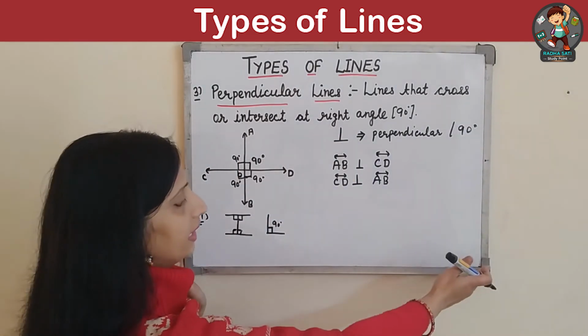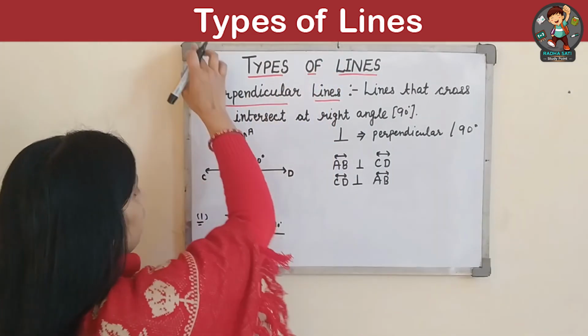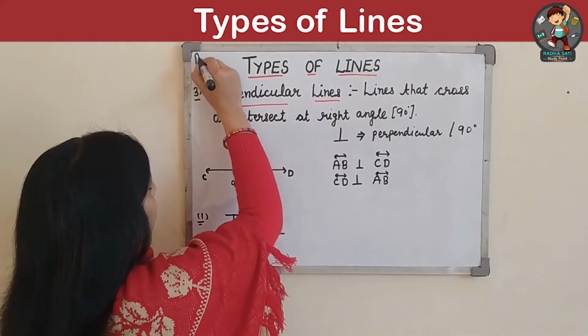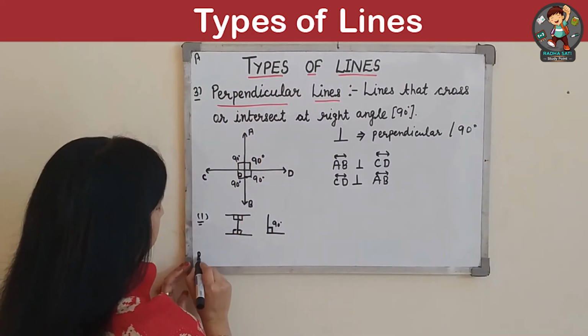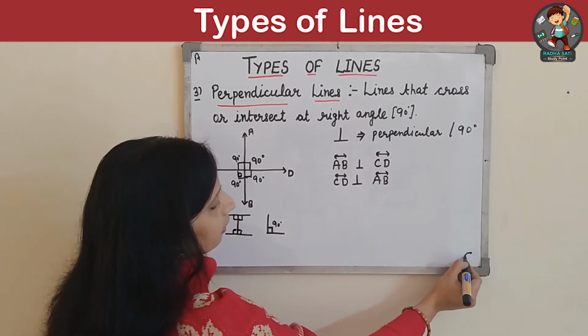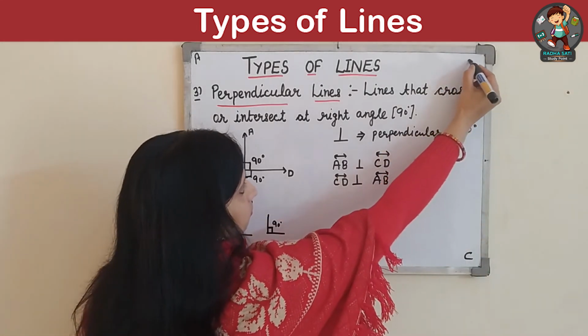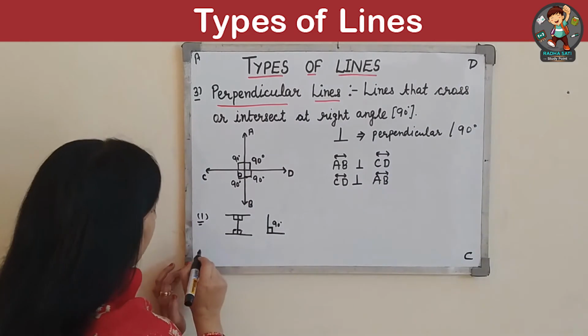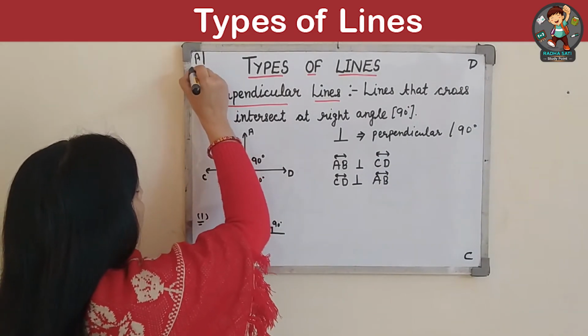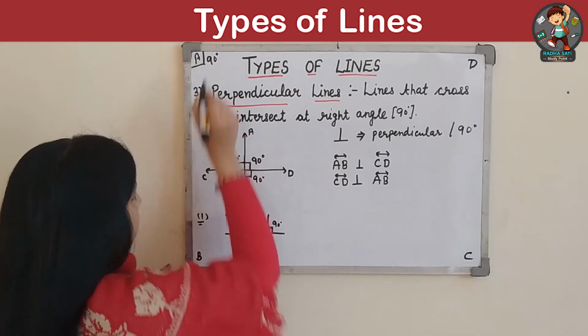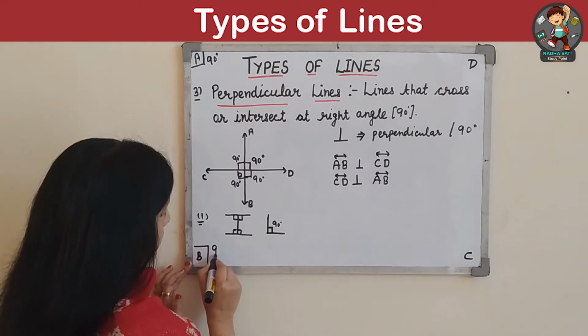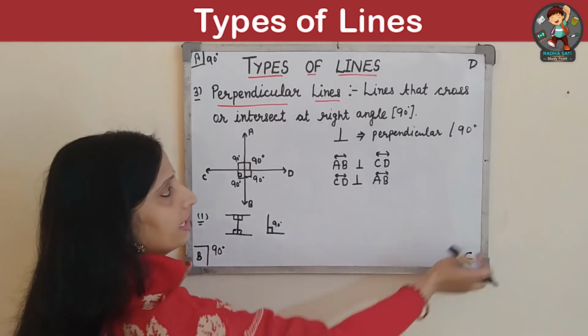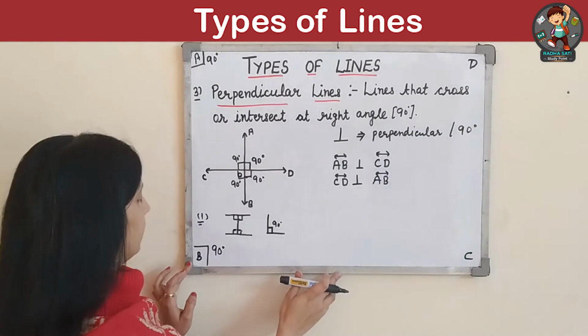Similarly, you can see in this whiteboard, if I name it as A, B, C and D, you can see that at every corner the angle of 90 degree is getting formed. This also 90 degree and this also 90 degree.